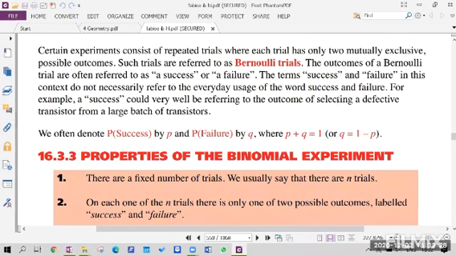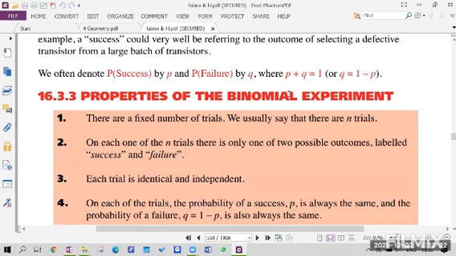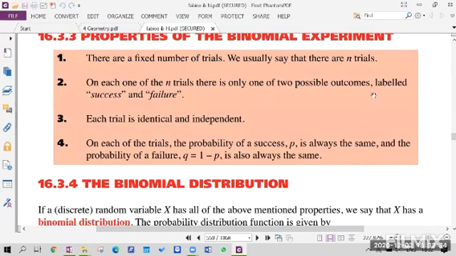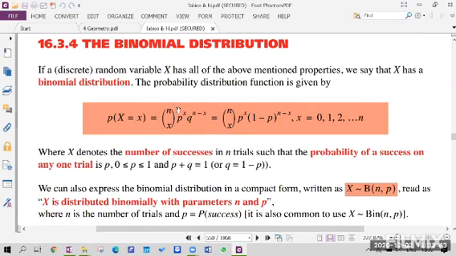Trials means the same 10 shots that you fire. Those are known as Bernoulli's trials. We do not have to go into that. You can just understand you have success or failure, and failure Q is equal to 1 minus P. You have this formula, nCx P raised to x into Q raised to n minus x.